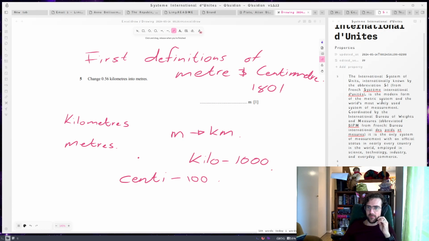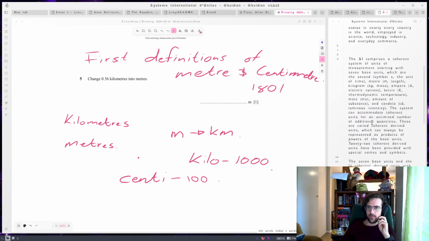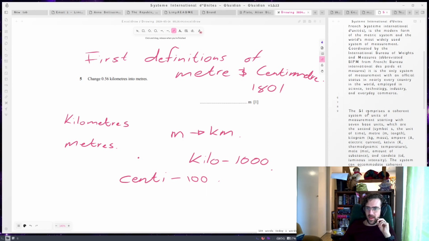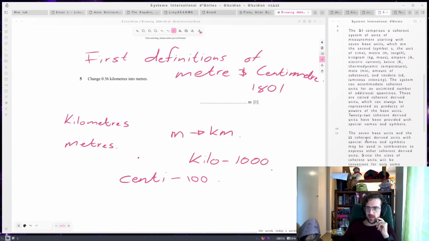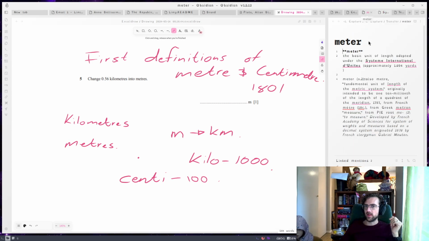The SI units is the modern form of the metric system and the world's most widely used system of measurement, coordinated by the International Bureau of Weights and Measures. The SI comprises a coherent system of units of measurement, starting with 7 base units, which are the second. So we look at the 7 base symbols, we'll look at that. But that's the SI. Okay, that makes sense. I should have known that probably.